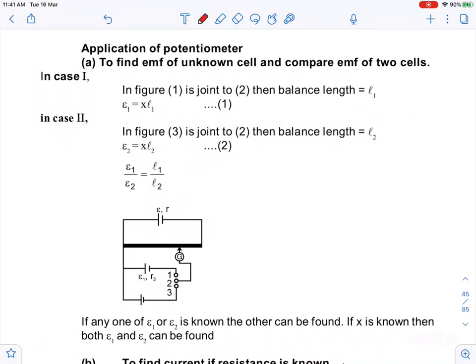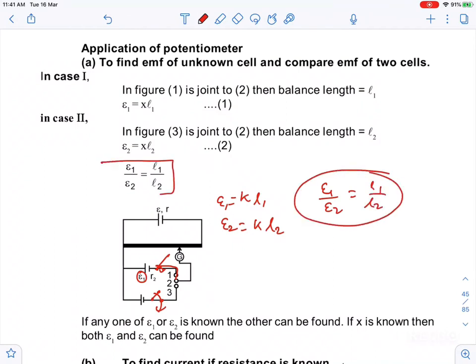Okay guys, so if you compare, first you will calculate the value of K. Suppose after some length L1, when you connected the upper switch and kept the other switch open, the potential difference I got is E1 equal to K into L1. Similarly, when I open this and close this, I got K into L2. So E1 by E2 is equal to L1 by L2.